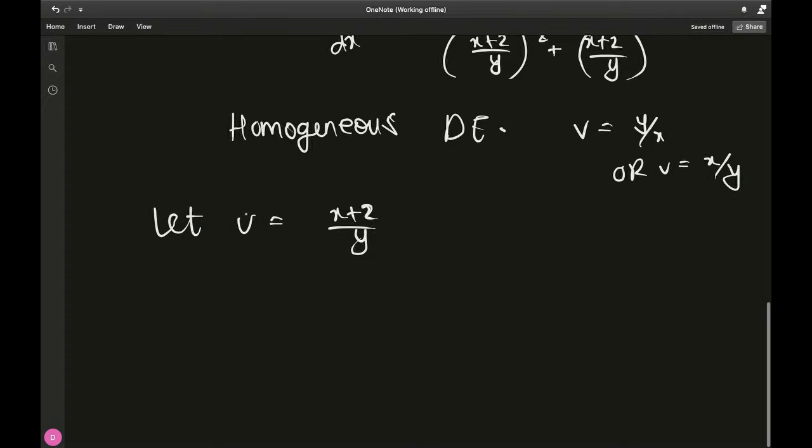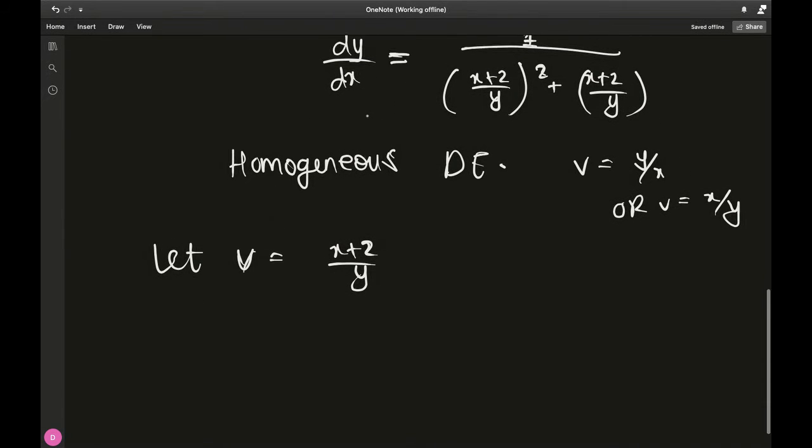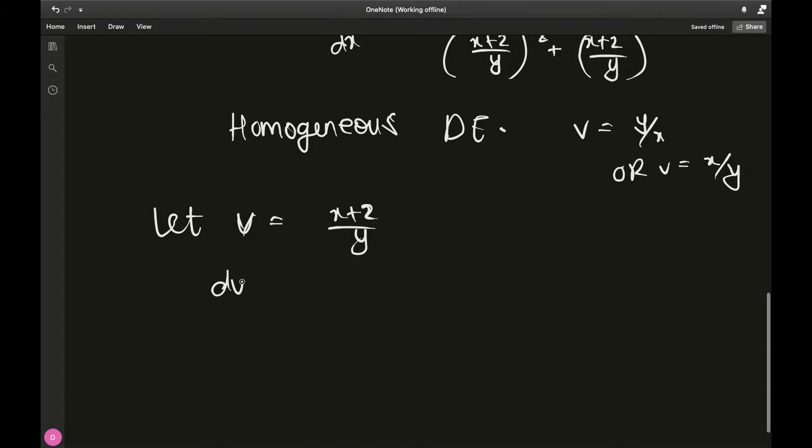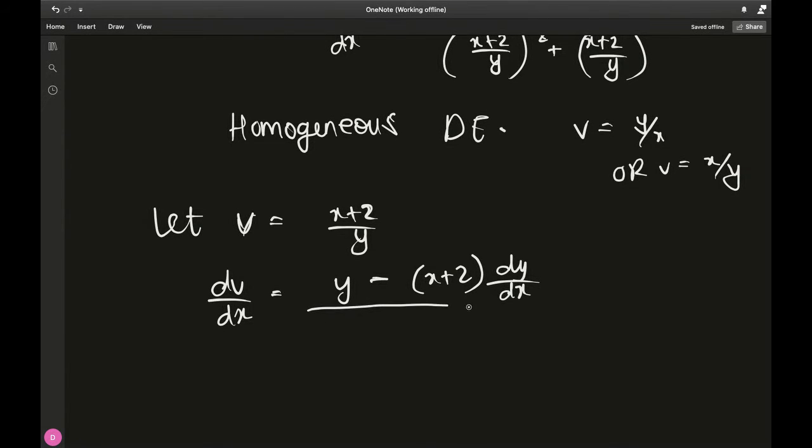Okay, so now to substitute for dy over dx, we need to differentiate both sides with respect to x. So doing that, we have y, and the derivative of x plus 2 is 1, so ignore that, minus x plus 2 times the derivative of y, which is dy over dx, divided by y squared.